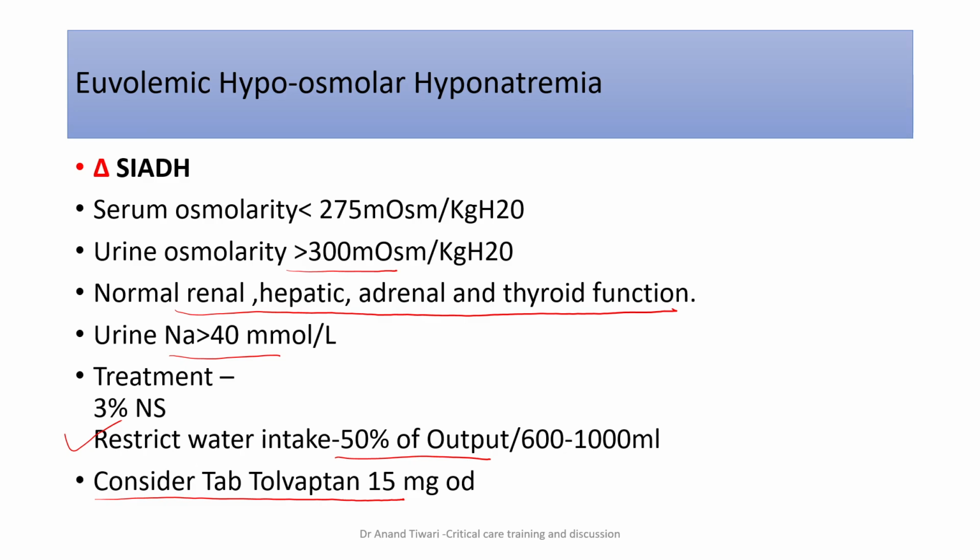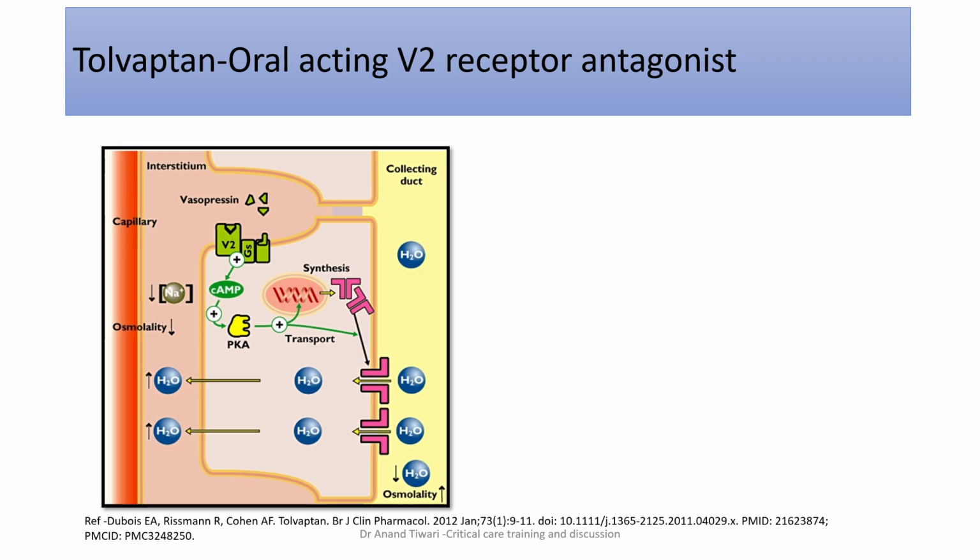So how does tolvaptan actually work? Normally, antidiuretic hormone, vasopressin, stimulates the V2 receptors near the collecting duct in the nephron. This stimulates cyclic AMP, which stimulates protein kinase, and what the protein kinase does is increase what you are seeing here, the aquaporin channels.